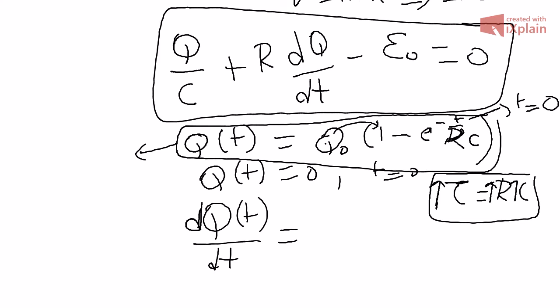Q naught is constant, the maximum charge on the plates, so its derivative will be 0. We only take the derivative of this exponential function, which becomes q naught times minus 1 over RC, e power minus t over RC.